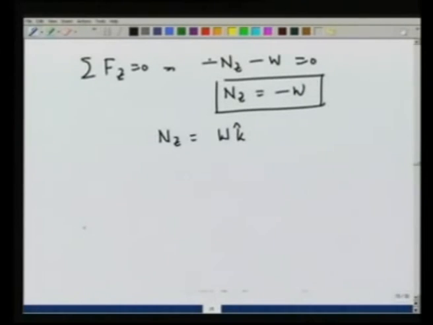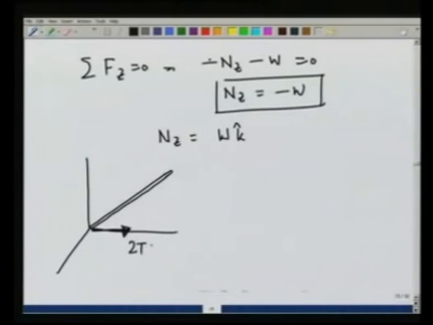So, what we have determined on this rod, or on the pole that has been put in a ball and socket joint, is that there is a force on this due to the ground, due to the hole on the ground, which is equal to 2T cosine of alpha.